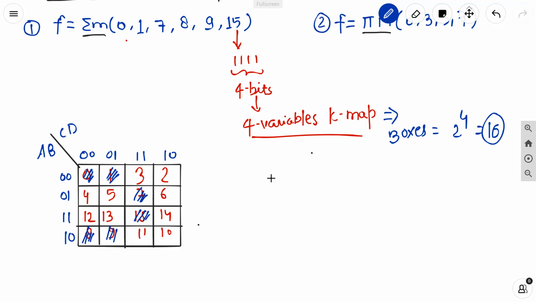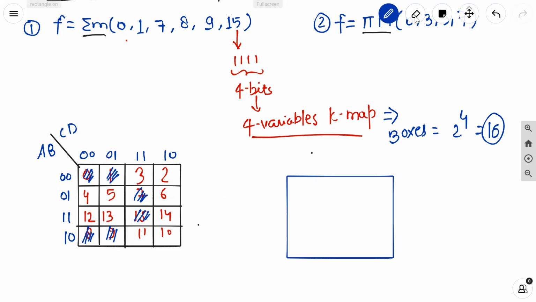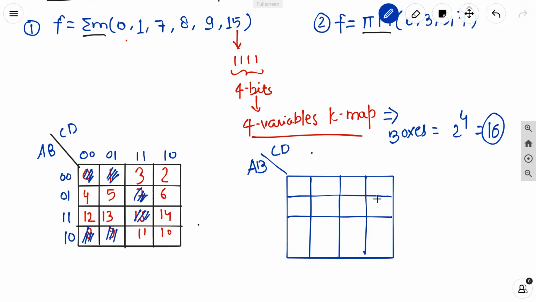Now I am redrawing it. This is the KMAP of 4 variables A, B, C, D. Here we have 1, 1, 1, 1, 1, and 1.